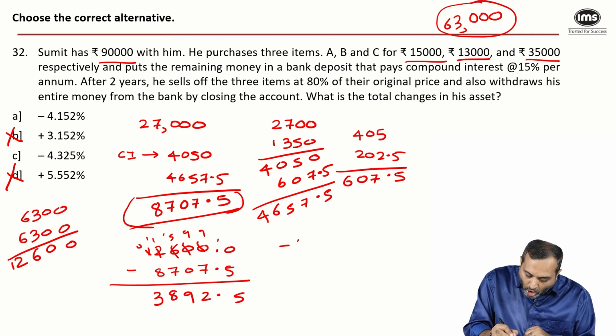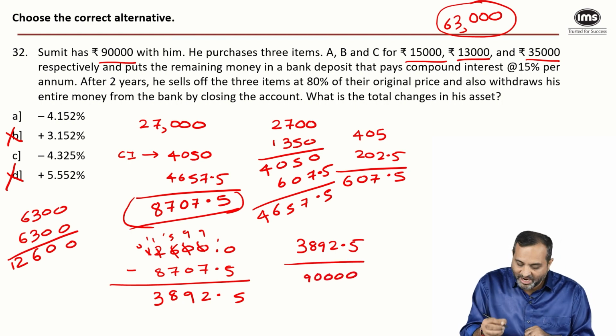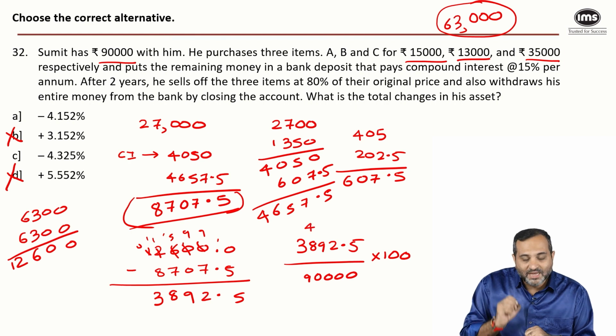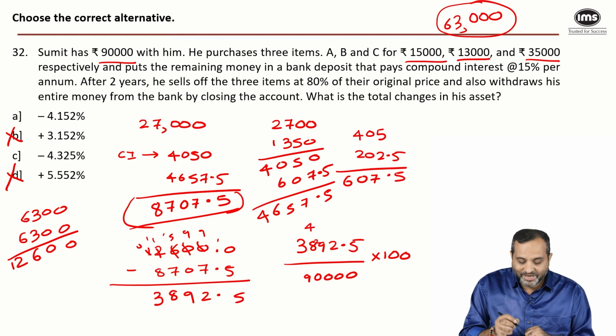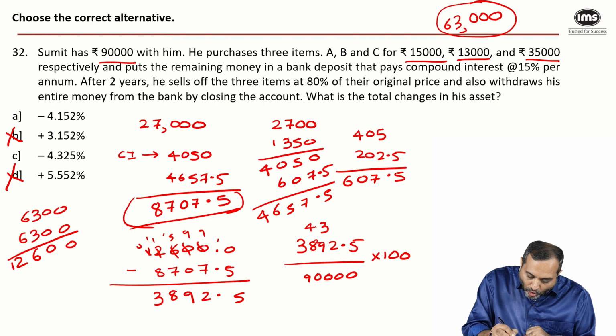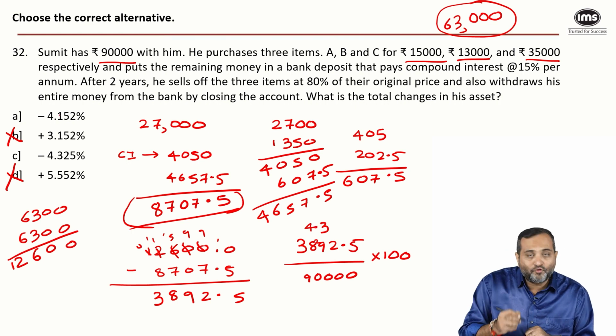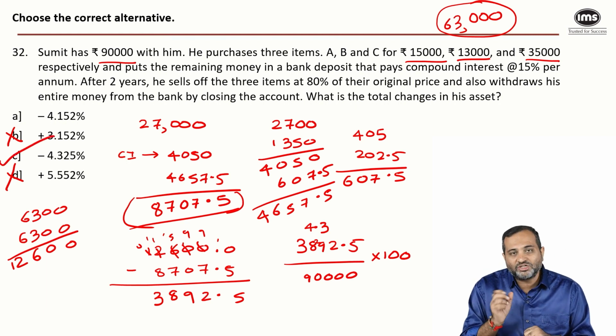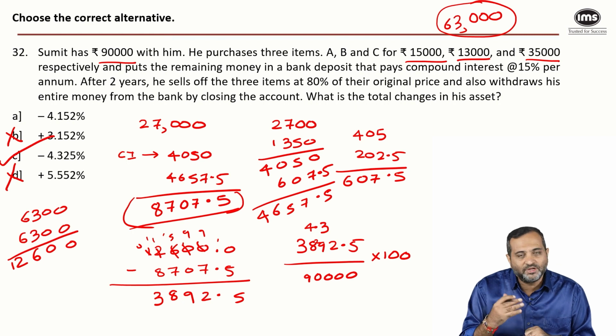So I have made a loss of 3892.5 over 90,000, because that's the amount which I had, into 100. Now you may not get into actual calculation. If you actually do, I know 9 4s are 36, remainder is 2, 9 3s are 27. So this has to be 4.3 something, cannot be a 4.1 something. So the answer is option C. Yes, there is too much calculation that we are doing. So ideally this question has to be left out or done towards the end.